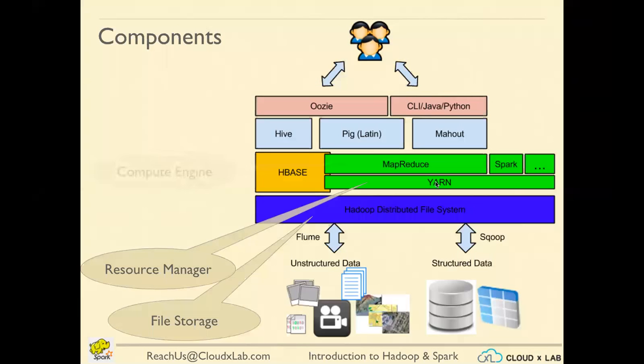Now, after Yarn, we have the MapReduce compute engine on top of Yarn. The MapReduce compute engine is basically the main execution engine. It is one of the compute engines where we write our program for MapReduce and it executes it. The other one, you can see, is Spark.